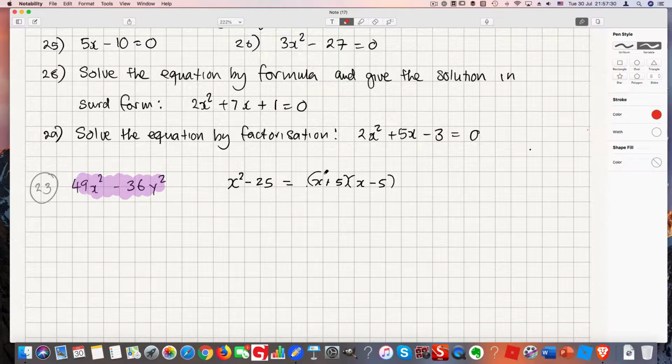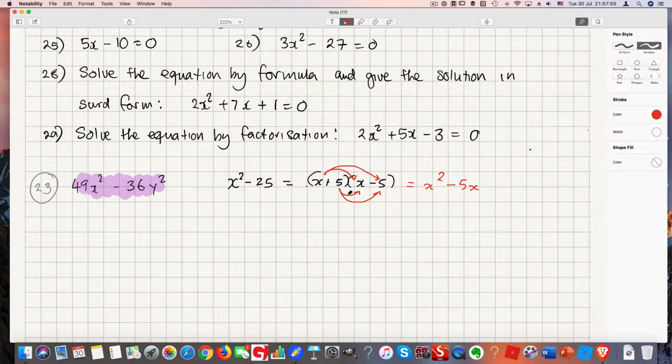If you take x and multiply it with x, and take x again and multiply with minus 5, and you take 5 and multiply it with x, and 5 and multiply with minus 5, you get x times x is x squared. Then x times minus 5 is minus 5x.